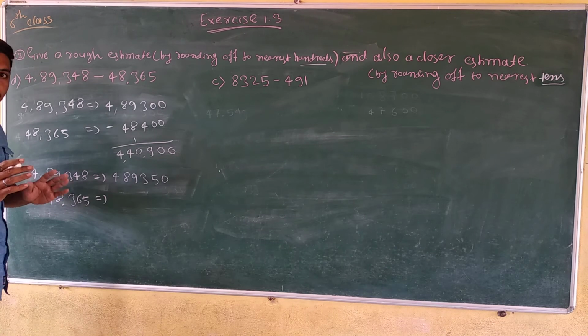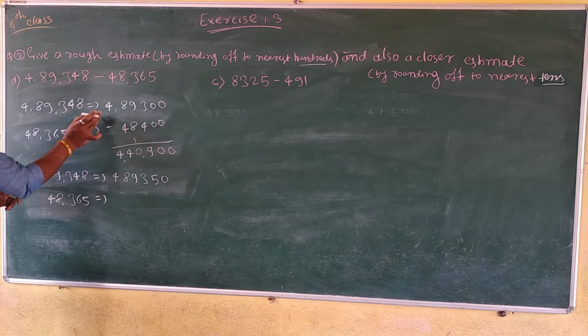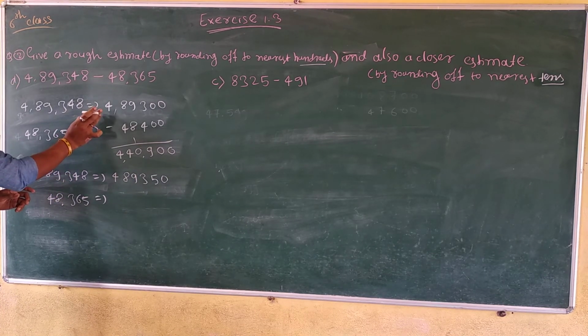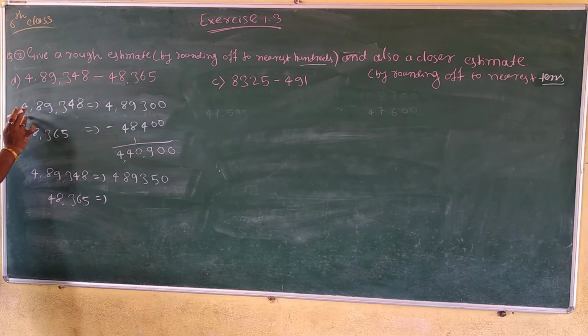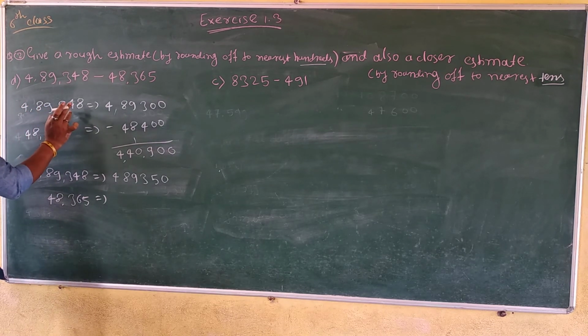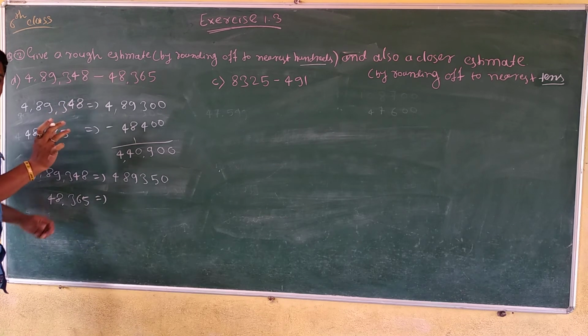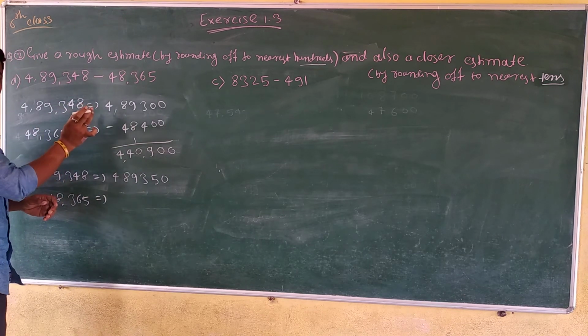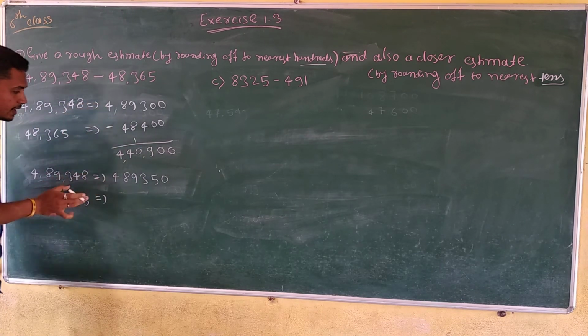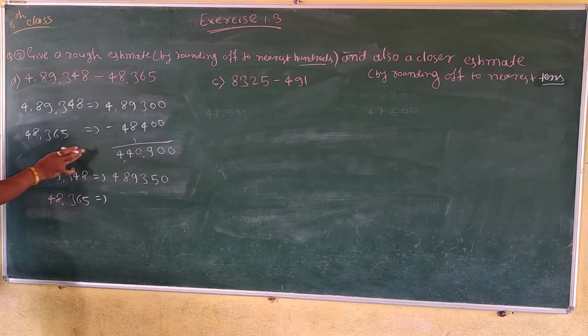In your homework book you have to write 4,89,348 rounding up to, and your answer will be the estimated difference.